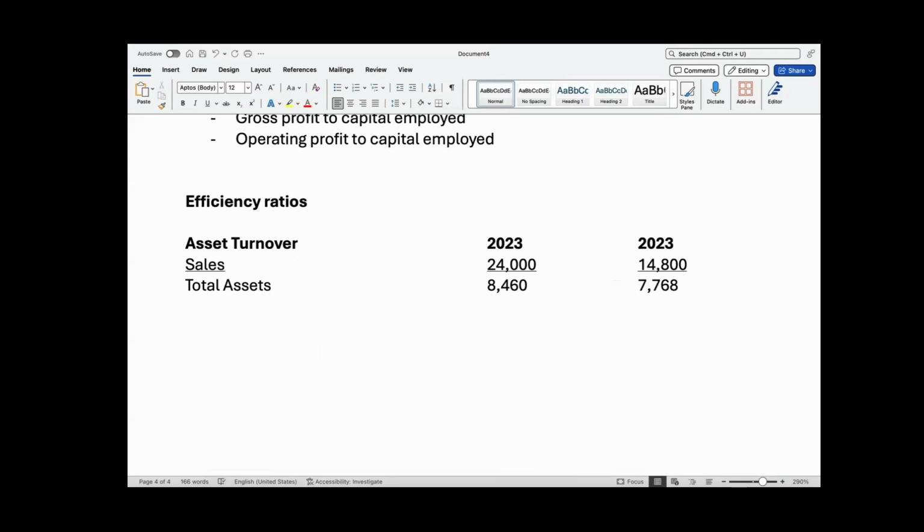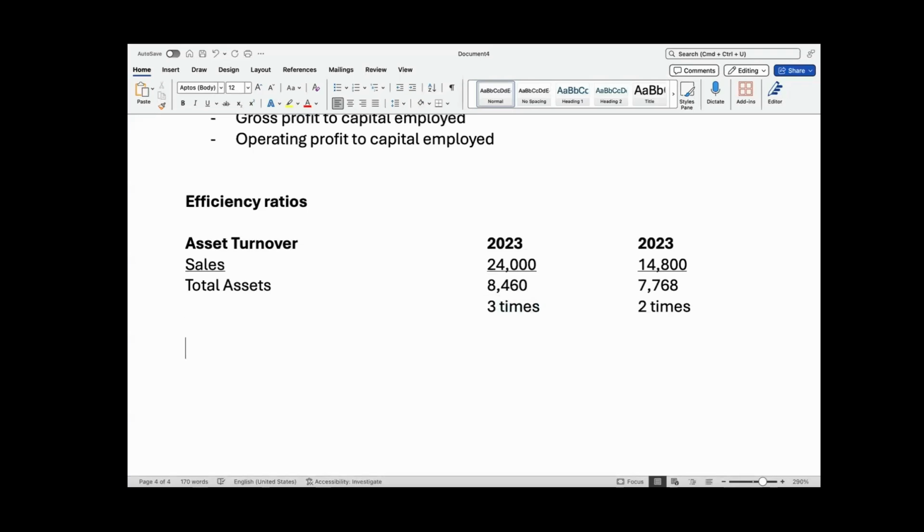How many times? Three times, 2.8 times. Okay. What about 2023? So this company is able to convert its assets to sales 3 times in 2023. That's efficient.